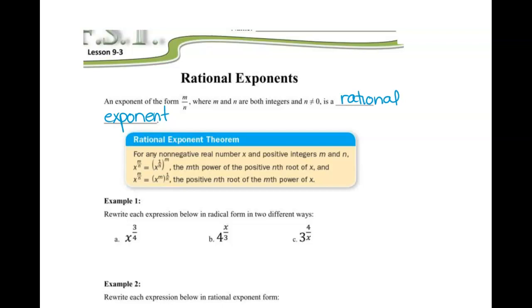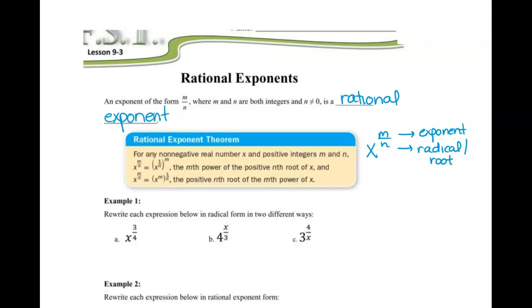Rational exponent theorem, lots of stuff going on. I want to just write a couple things about it that will hopefully be a little clearer. So one thing we know, if you write something in the form x to the m over n, m is your exponent, n is your radical, or root, depending on how you want to say it.